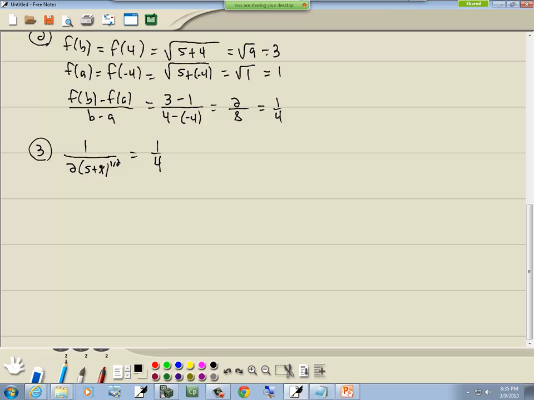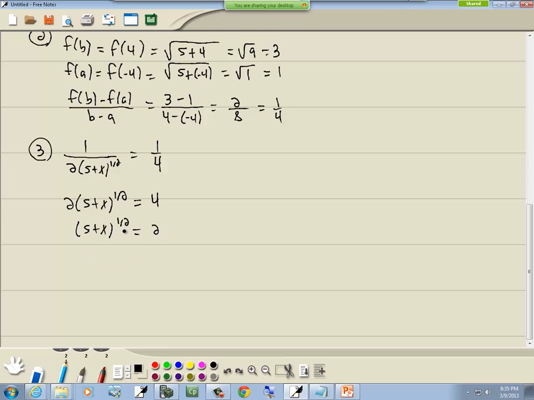You could also, if you ever have a single fraction equal a single fraction, flip both fractions. Then I'm going to have 2 times 5 plus x to 1/2 equal to 4, because the 1's would disappear. Divide both sides by 2, so we got 5 plus x to the 1/2 equals 2. 4 divided by 2 is 2.